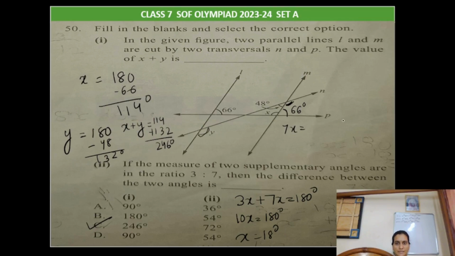So that will be 126, right? And 3x will be equal to 54 degree. So now if we subtract, 6 minus 4 is 2, 12 minus 5 is 7. So 72 degree. Already we know option C is the correct answer, 246 degree. So here also we got 72 degree for bit 2 answers.